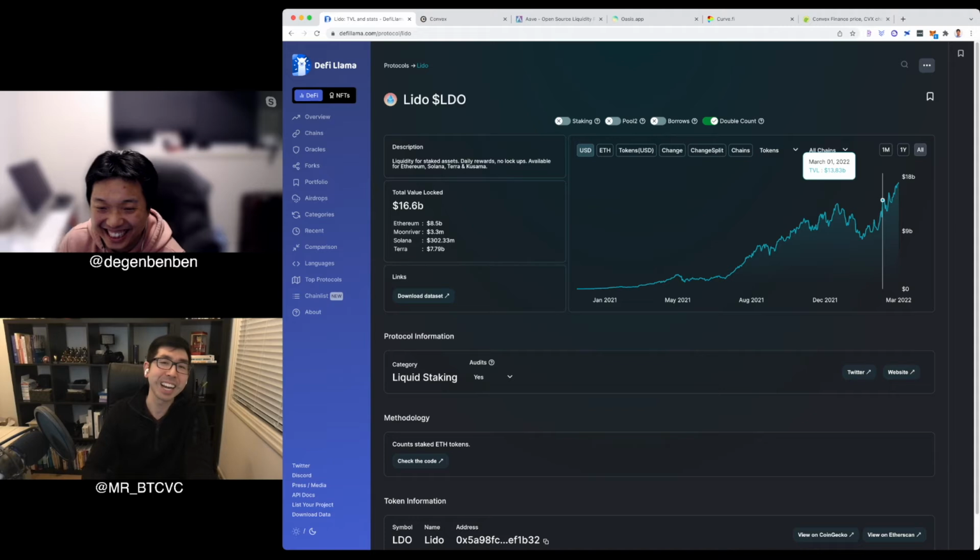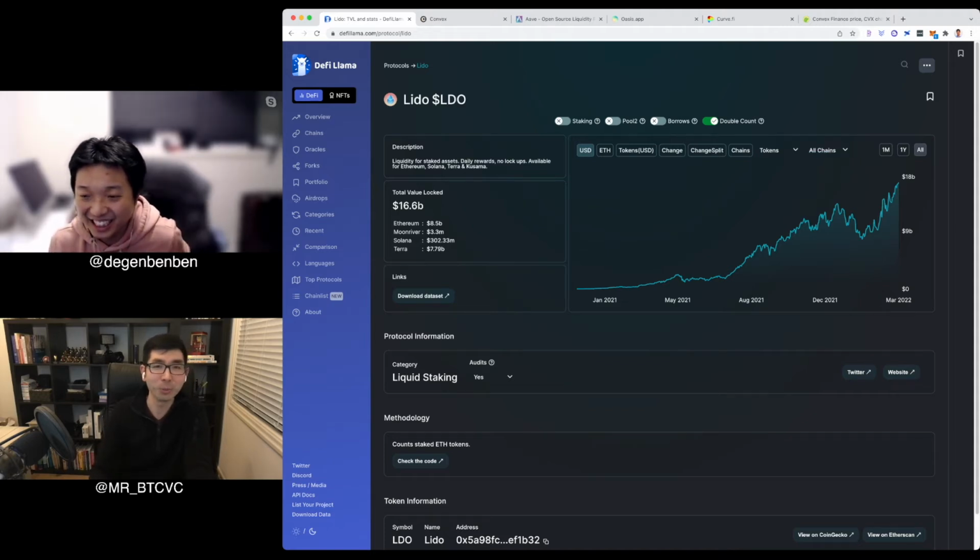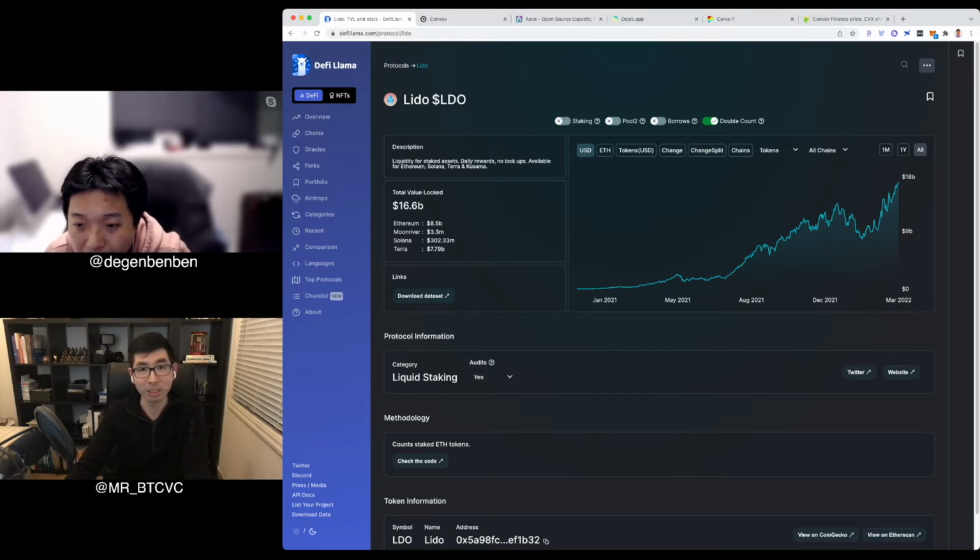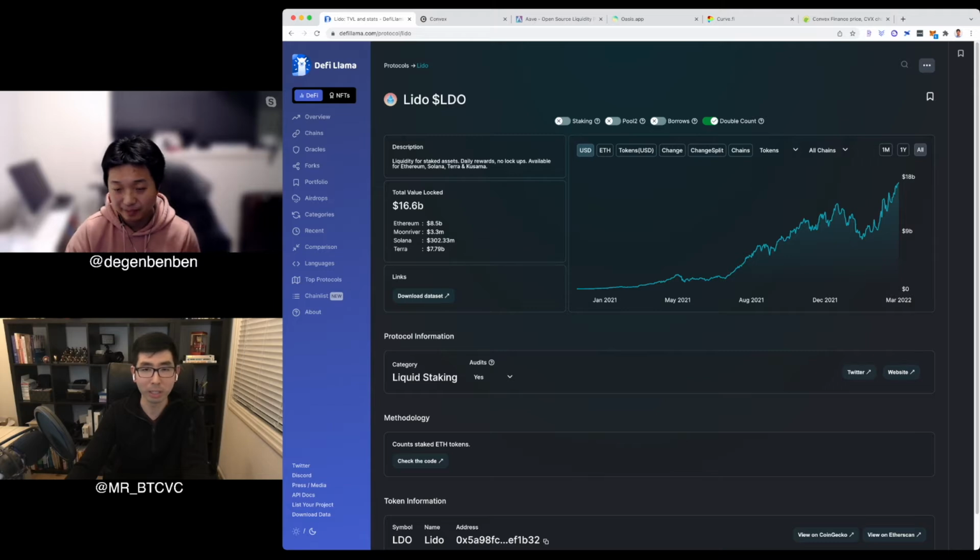Lido is a protocol to provide liquidity for staked assets. So basically, liquid staking for ETH 2.0, for Solana, for Terra, Kusama. So what you can do is you can stake your Ethereum.